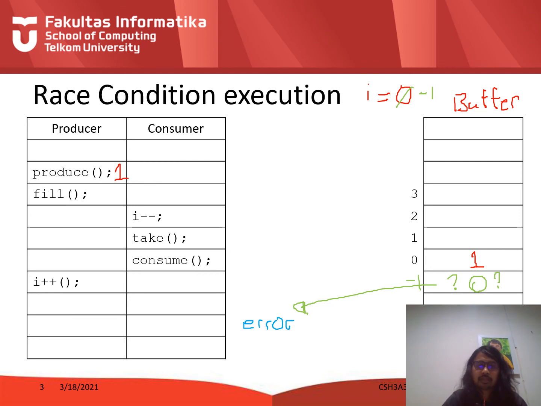So take and consume cannot happen because nothing is taken, and then when it goes back to here, I plus plus: I is now -1, it increments to 0 again.